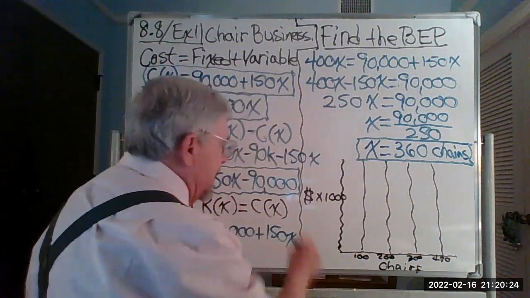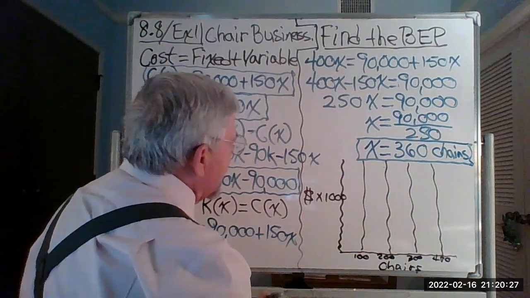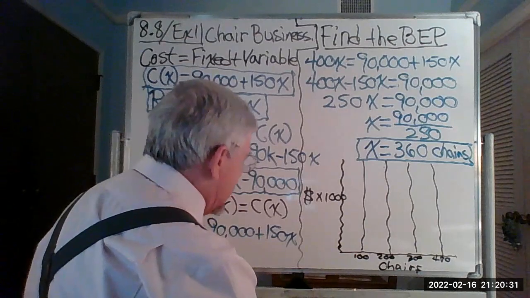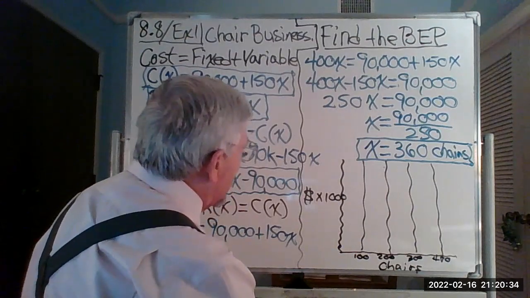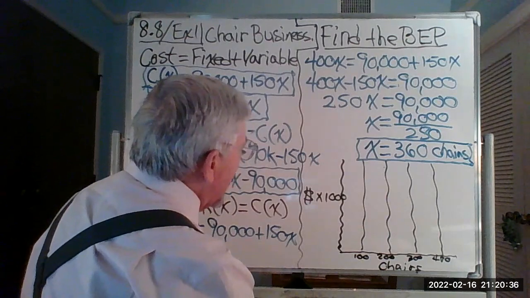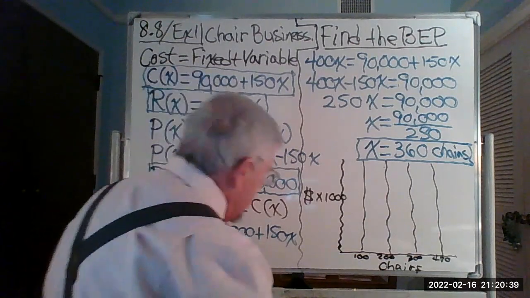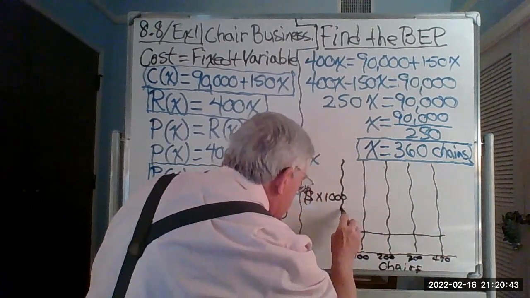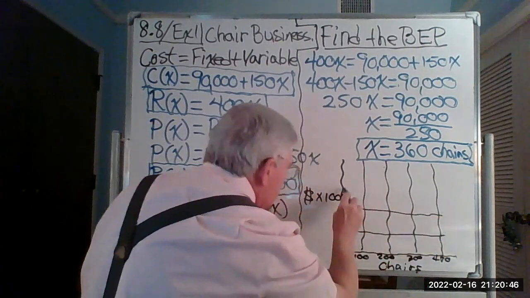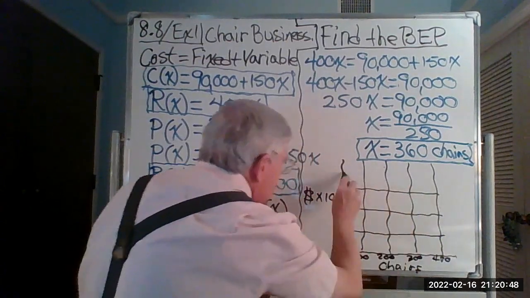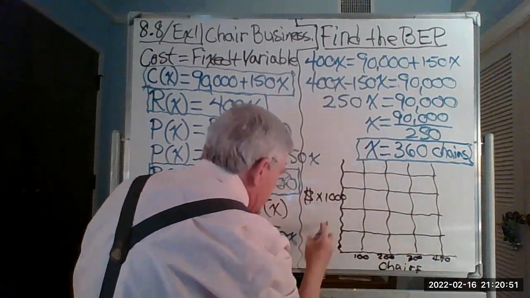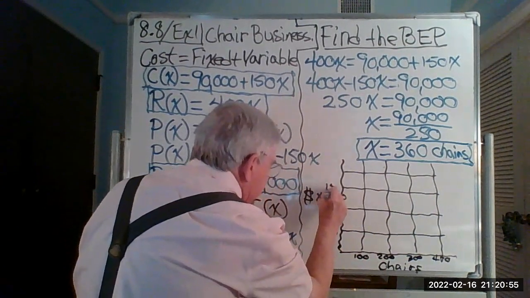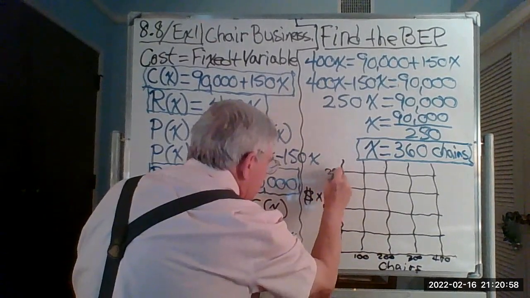And then on this axis, I've got to stop at 90,000, but then I'm going to start making some money after that. So maybe I'll go by 50s: 50,000, 100,000, 150,000, 200,000.